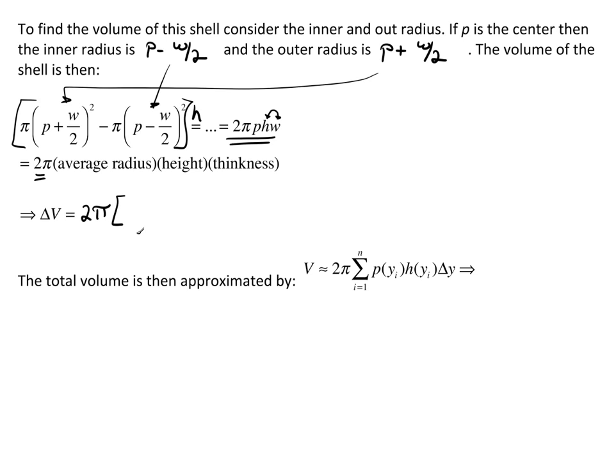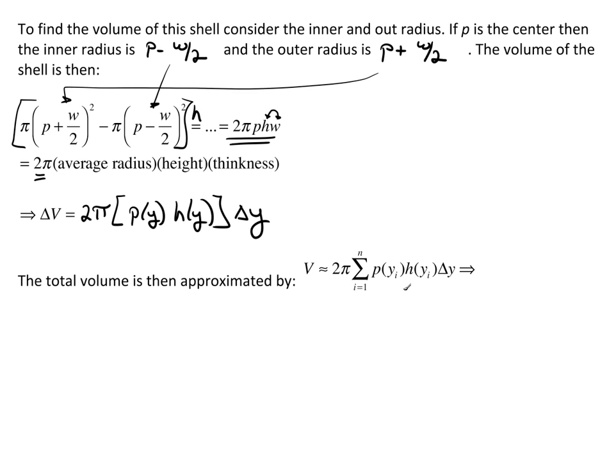But right now, just for notation, I'm going to use 2 pi times p of y, that's this average radius, or the radius as a function of y, times h of y, that's the height of that rectangle as a function of y, times delta y. The total volume is then approximated by the sum as i equals 1 to n of p of yi, h of yi, delta y, because all these i's are going to be changing as I'm moving this shell, this rectangular piece, across this solid.